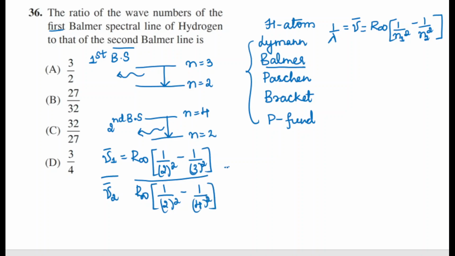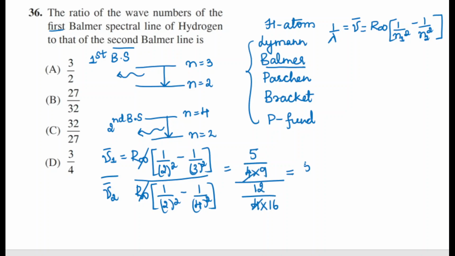Right. Now on solving, R infinity cancels. So here you will have 9 minus 4, that is 5, divided by 4 into 9, all divided by 4 fours are 16, 16 minus 4 is 12, divided by 4 into 16. Here 4 cancels.